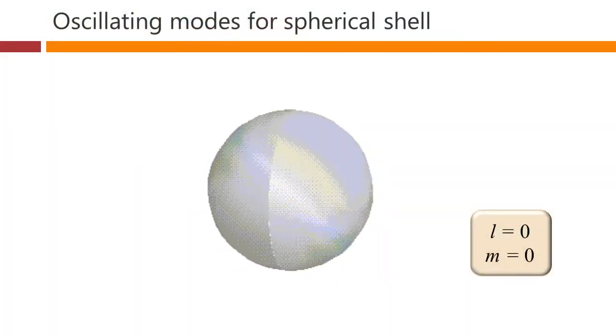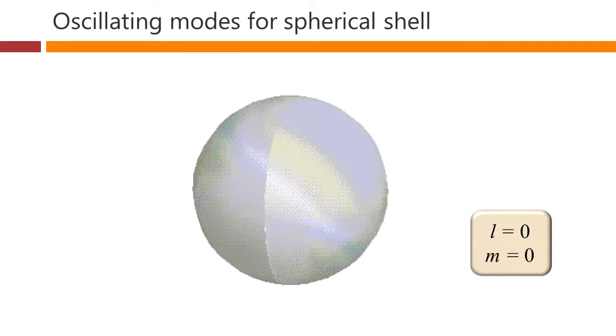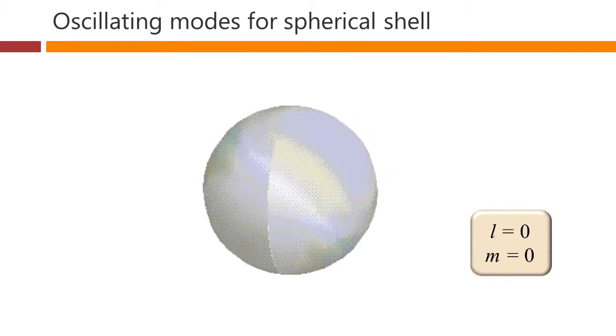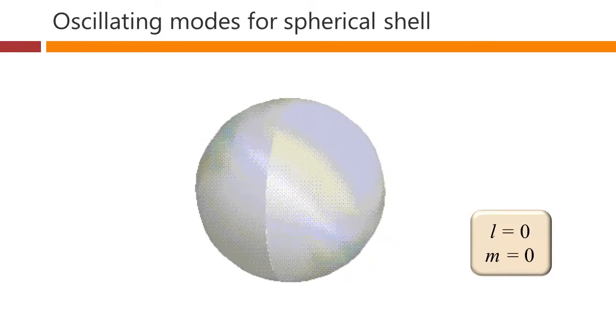So here is our first oscillating mode for the spherical shell. This is called the breathing mode, and it corresponds to the shell just going in and out equally in all directions, all angles.